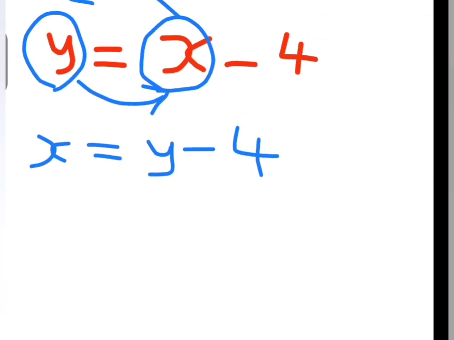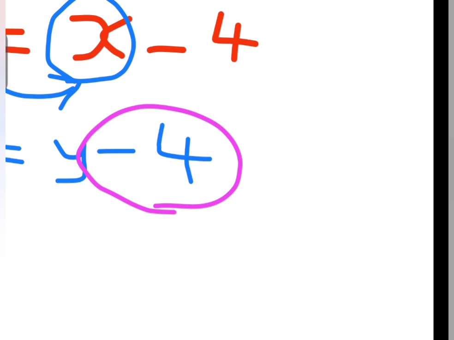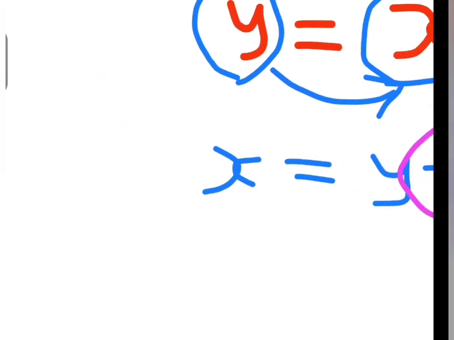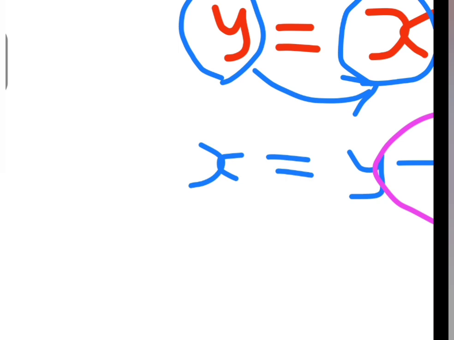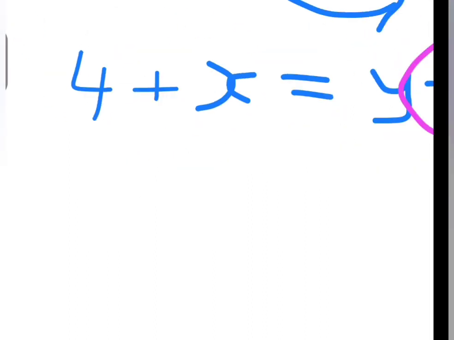Now, we want to get rid of the numbers next to the y. It's a negative 4. So we do the opposite for negative 4 on both sides. So we do positive 4 here and positive 4 on the other side. So it's going to be x plus 4 or 4 plus x. It's the same. Now, when we simplify, here we will have x plus 4 or 4 plus x.